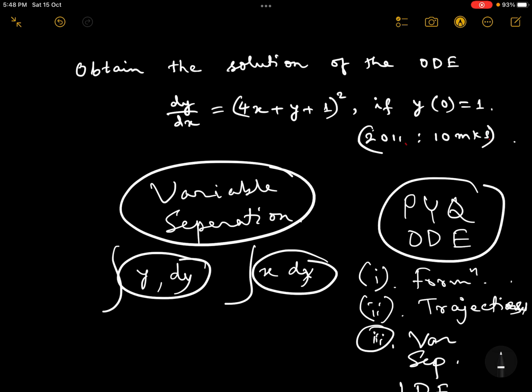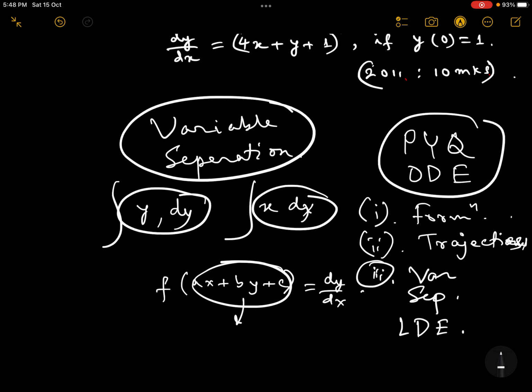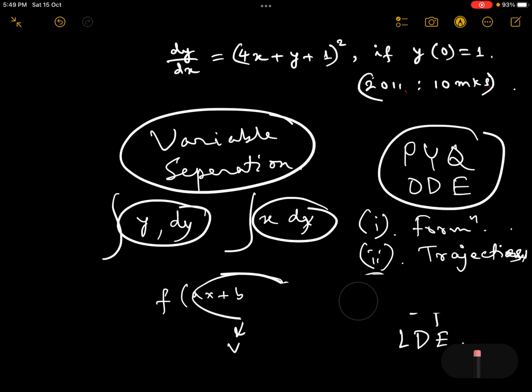And also there is a special case if the function is in this form: ax plus by plus c equal to dy upon dx. Then you substitute this expression equal to v, or any variable z. Okay, let's start right away.